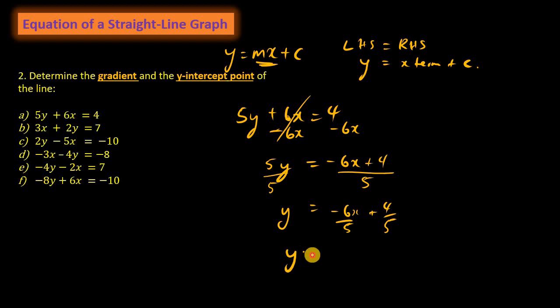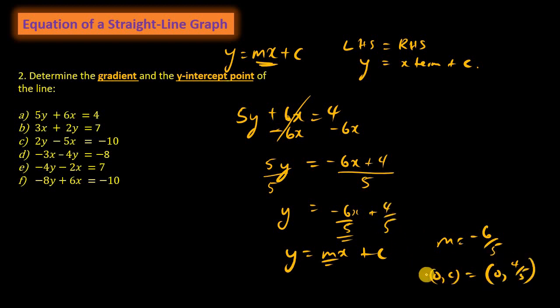So recognize it in the form now of y equals mx plus c. The m term before the x is negative 6, in other words, the gradient is negative 6/5, or negative 6 over 5. And the y-intercept point, given as 0, c, is 0, and the c value being 4/5. This is the y-intercept point.